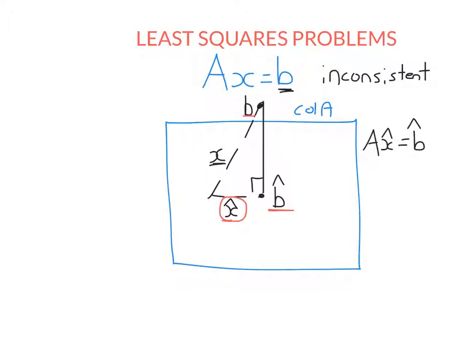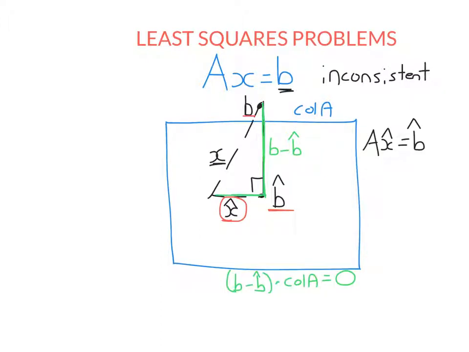So how do we go about this? What we actually know is that this here is like our error. This distance tells us how much our solution is out by. So we can write this as B minus B hat. Now we want that to be orthogonal to the column space of A, which means of course the dot product is 0.